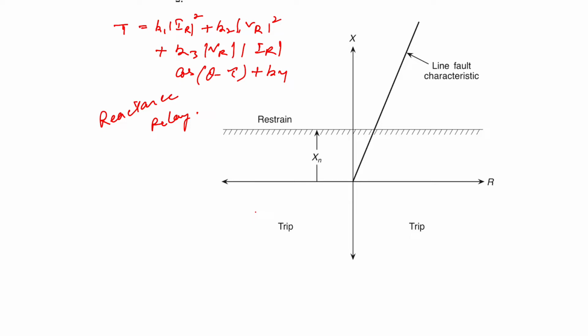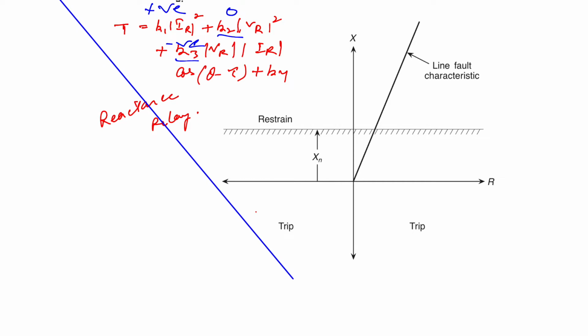If we set K2 equal to 0 and make K1 positive, that causes the current to produce the tripping torque, and make K3 negative, which means the directional torque opposes the tripping, and K4 can be neglected when the relay is on the verge of operation, then in that case we will get the following equation.